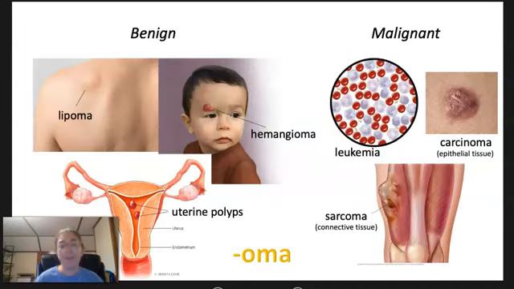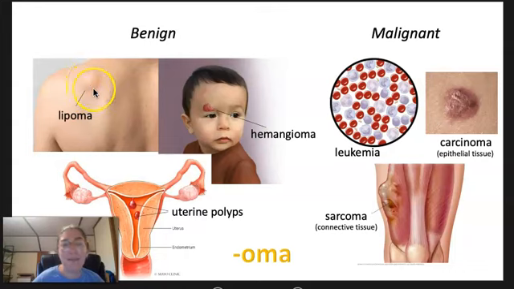But just some examples of some benign tumors versus some malignant tumors. So some classic benign tumors. A lipoma is a tumor of the fat tissue, of subcutaneous tissue, and it can form a bump, a lump, that is often painless but somewhat firm to the touch and maybe unsightly.